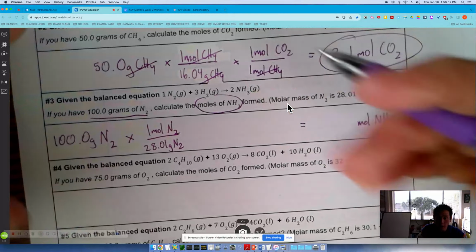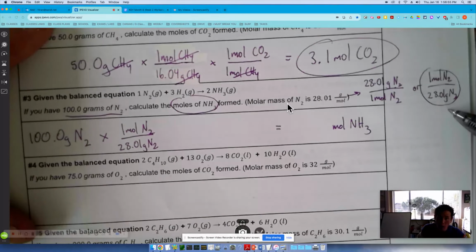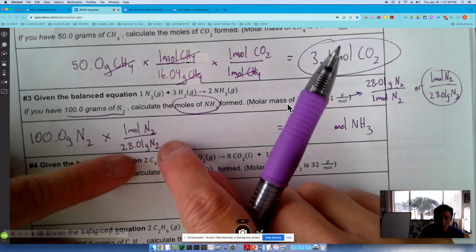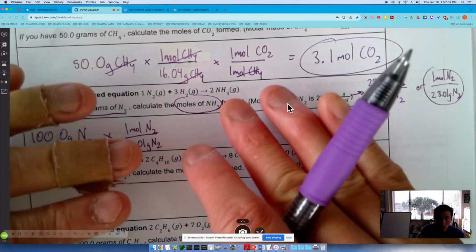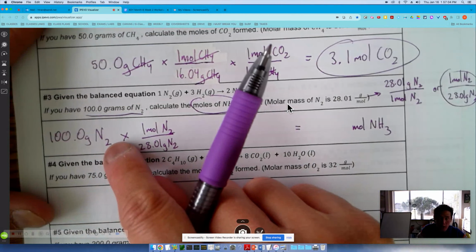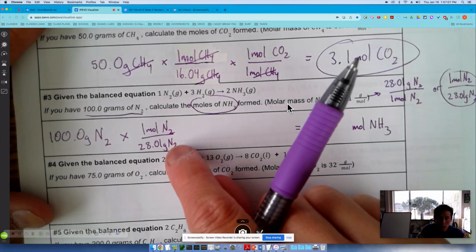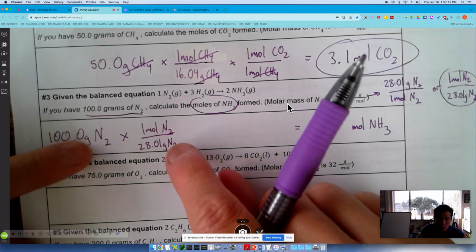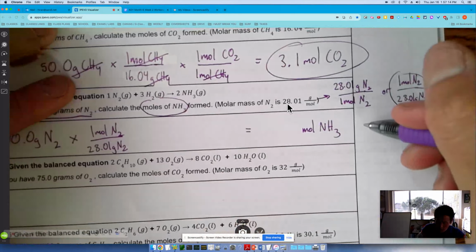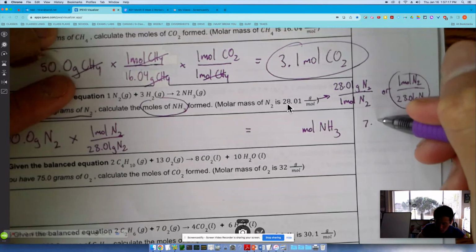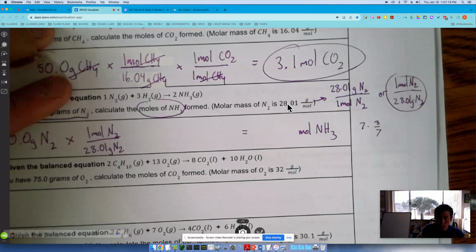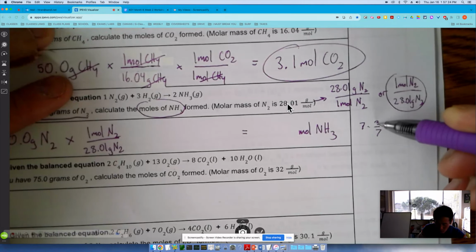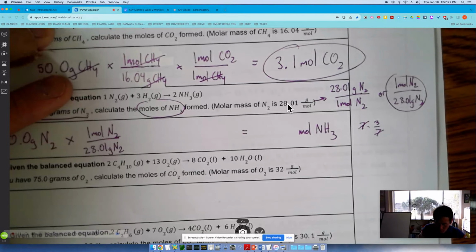Now why? Why did I go with this version? Well, I want the grams of N2, that unit here and here, to cancel out. That only works if I multiply this guy to the fraction where grams of N2 is on the bottom. If you multiply this times a fraction where grams of N2 is on the bottom, sort of like 7 times 3 over 7, I don't know if you know this algebraically, but that's the same as saying, hey, 7, the whole number, times 3 over 7, the 7s will cancel out.